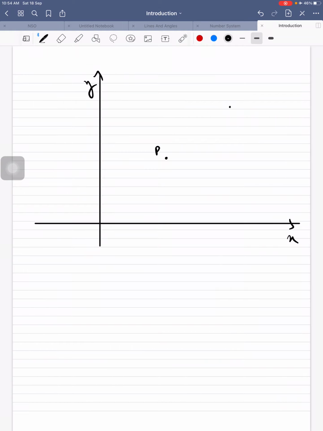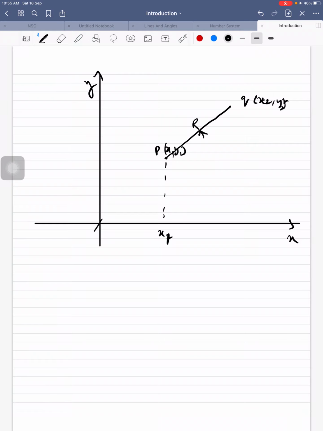This is P, x1, y1. This is Q, x2, y2. What is the midpoint between these 2 points? How can you find the midpoint? Let this be R. First, from the fundamentals, how can you mark this point?